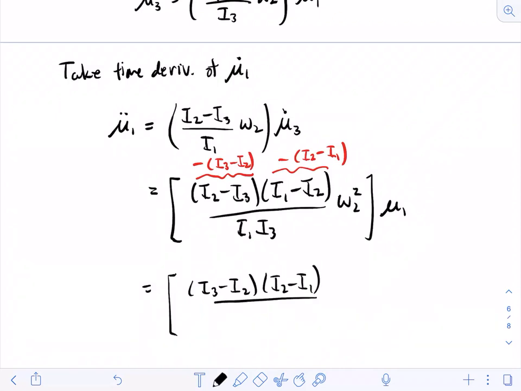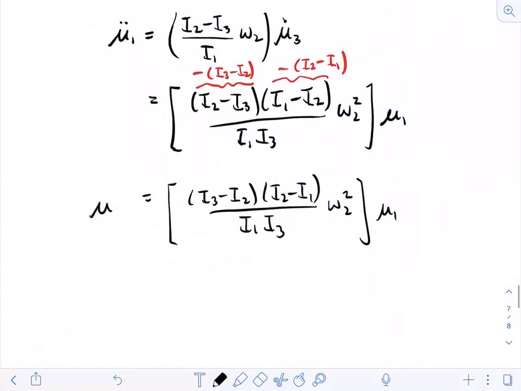Both of those differences are positive. And then we have some other constants in here, mu 1. And for emphasis, let me put in that this is a positive sign out front. If you look back at the other cases that we analyzed, that was a negative, and so that's really important.